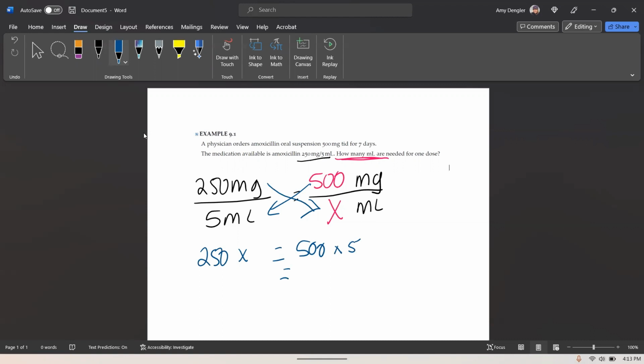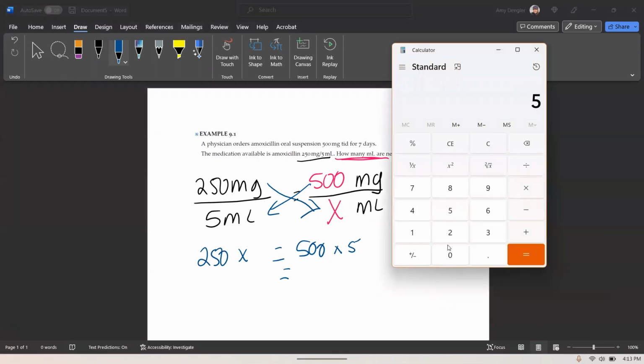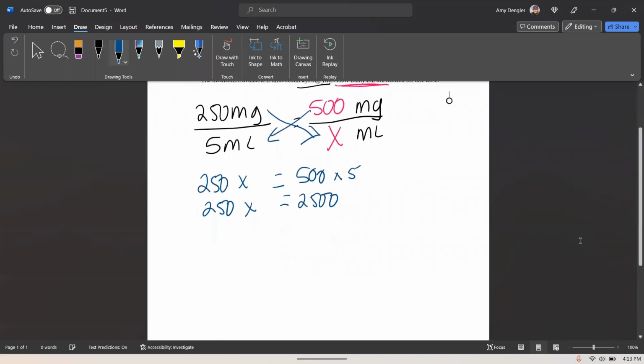So what we want to do first is find how much 500 times 5 is, which is 2,500. And then we want to carry this with us, and then we want to get rid of that 250 because we want to have X alone.